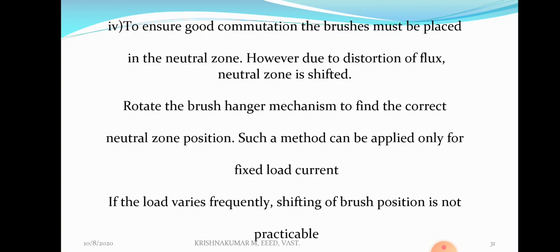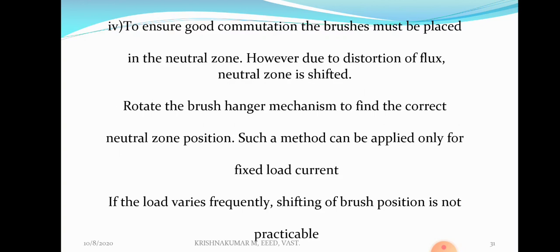When load changes, load current changes, neutral zone also changes. So it is not possible to shift the brushes always according to the variation of load current. For fixed load application, when load is fixed, load current is fixed, so magnetically neutral axis is fixed. So by using the brush rocker or brush hanger mechanism of the machine, we can place the brushes at neutral zone.